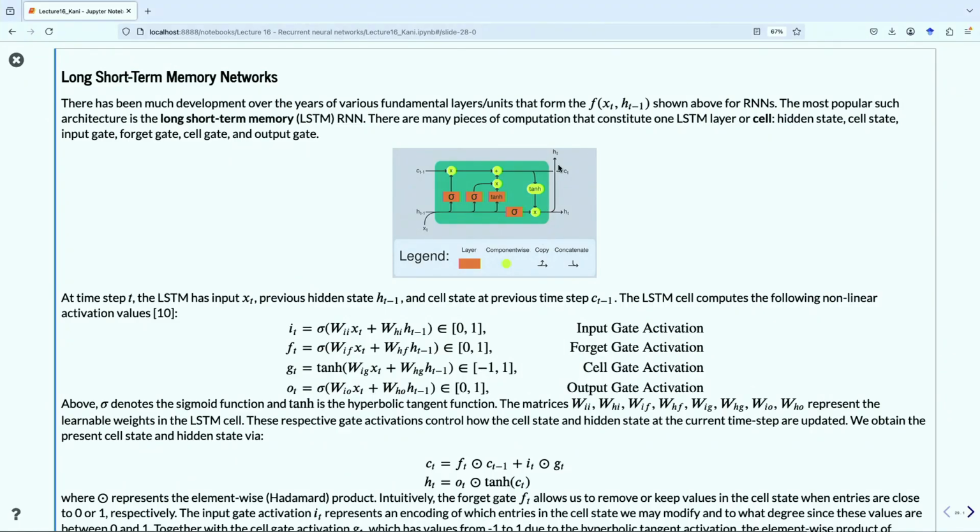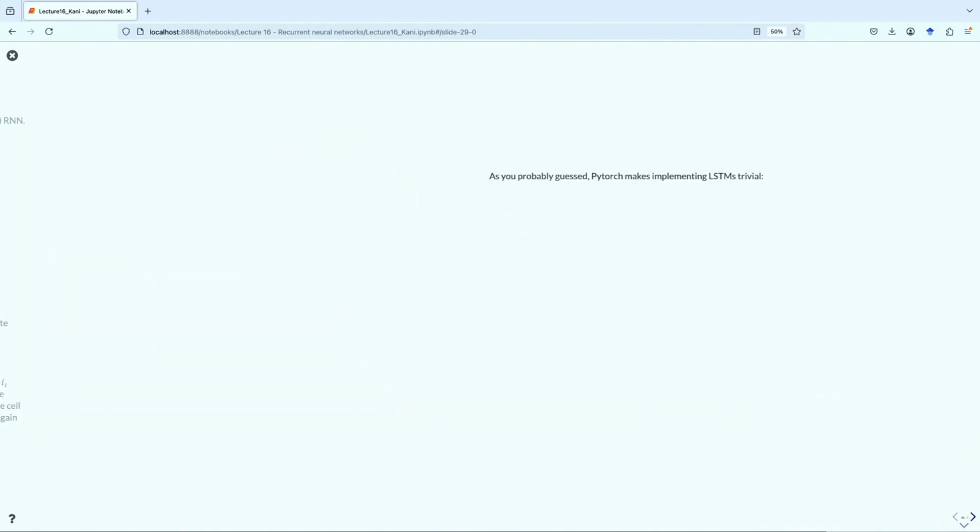That's called the output gate. So this is the idea behind a long short-term memory. You have some long memories that persist over multiple cycles. You have some short-term memories that get added and get forgotten at every possible time step. Okay, so a little bit of a complex function, but it works pretty well.